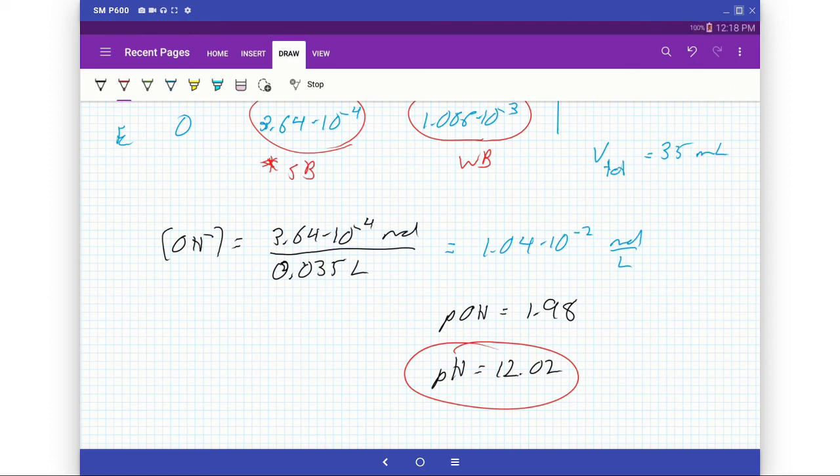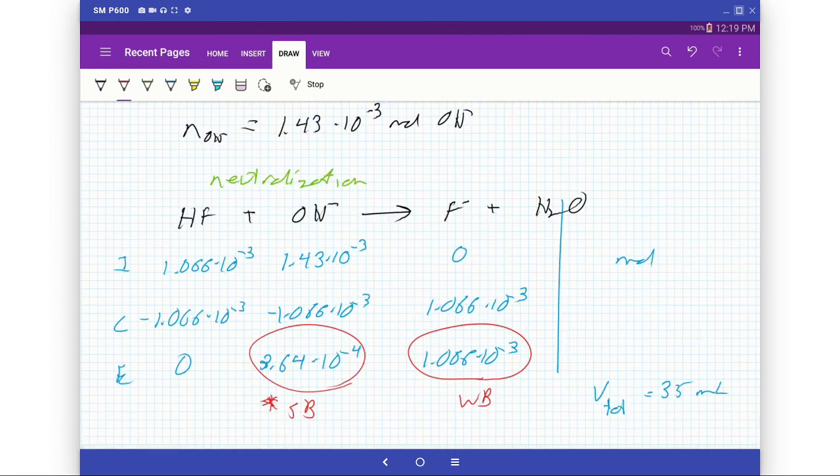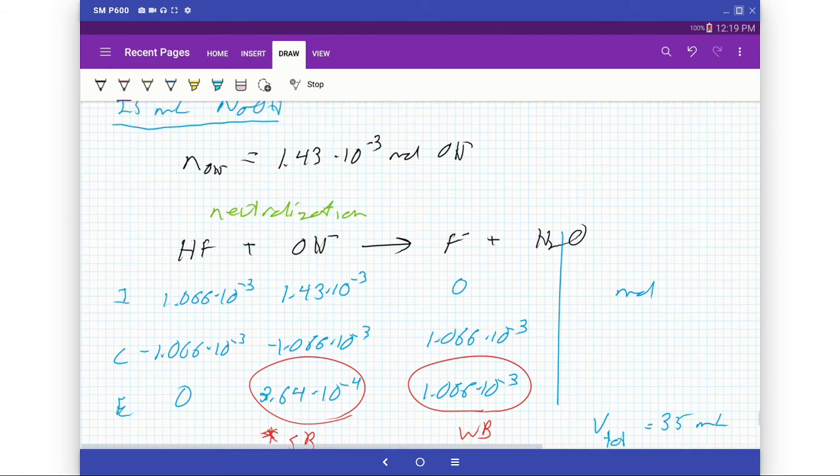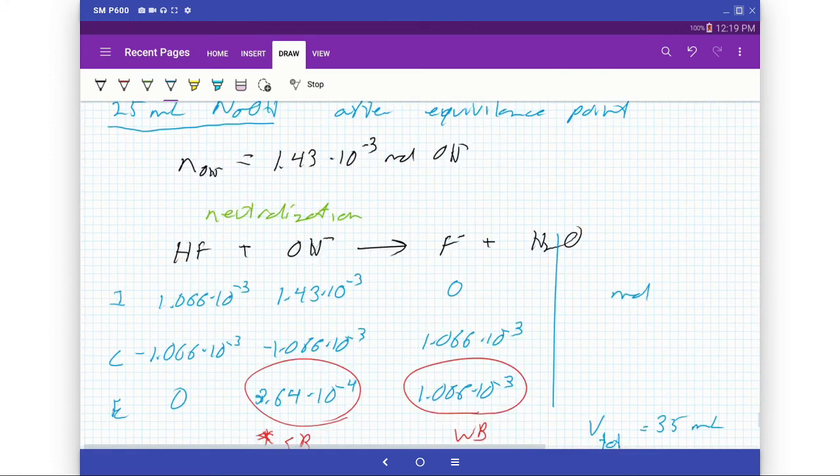All right. Of course, because I have an excess of hydroxide, this must mean I am after the equivalence point. That is to say, I have an excess of my titrant, I'm after the equivalence point.